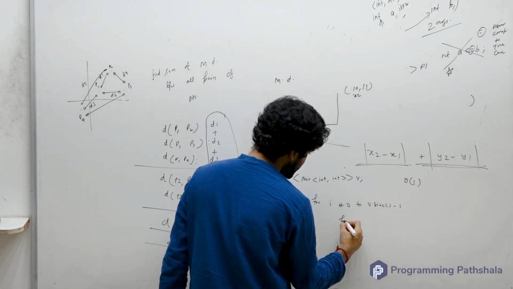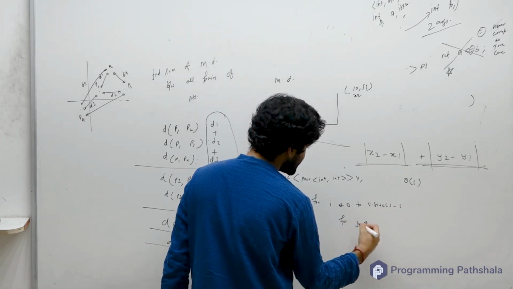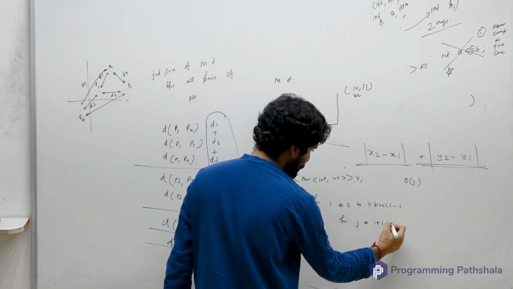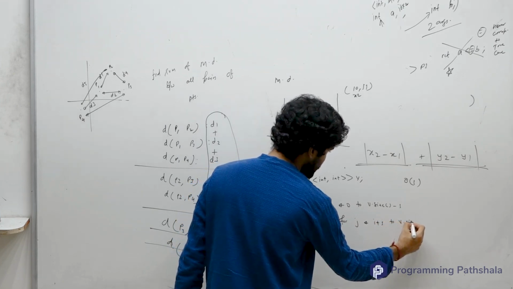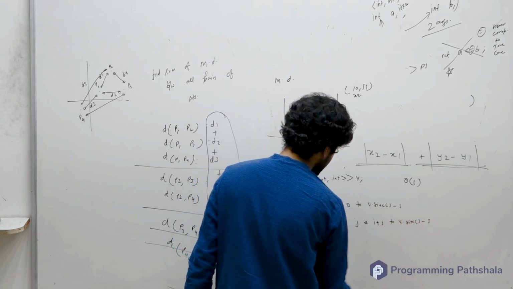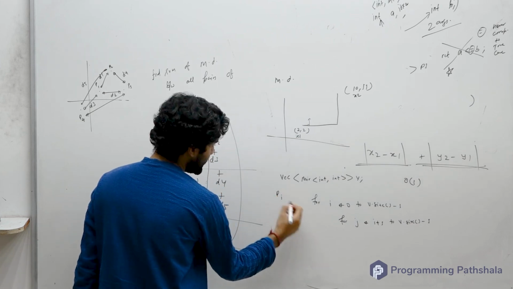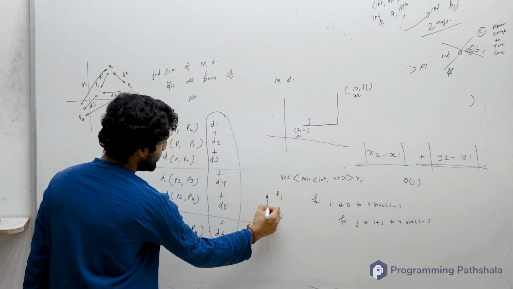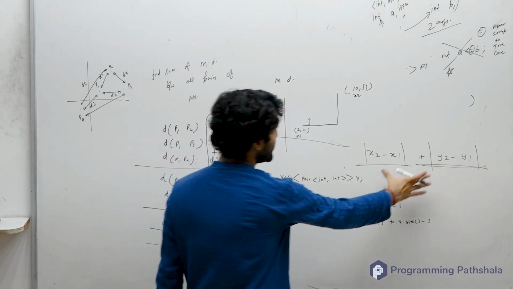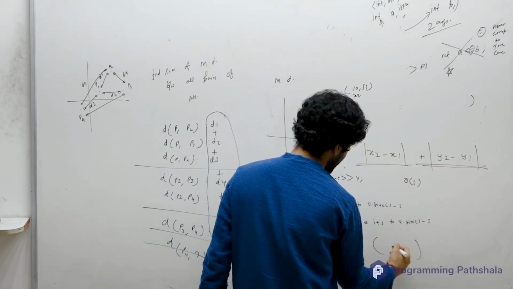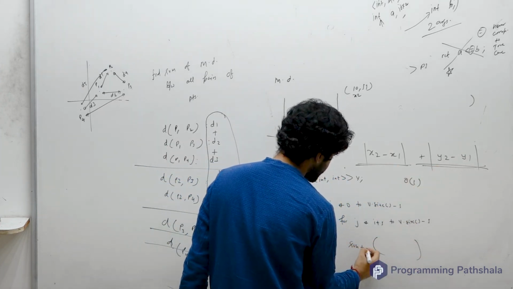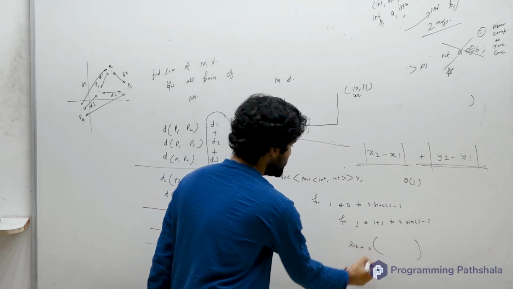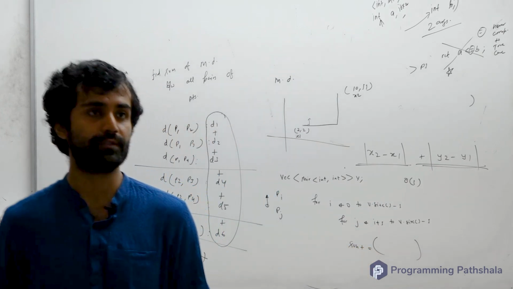Now within this, your j should start from i + 1 because you do not want repetitions, right? Till v.size() - 1. And now this denotes Pi and this denotes Pj. And now you are interested in the distance between Pi and Pj, and that you can compute using this. And you can add that thing to your sum. Okay? And this is how you can solve it in order n square.